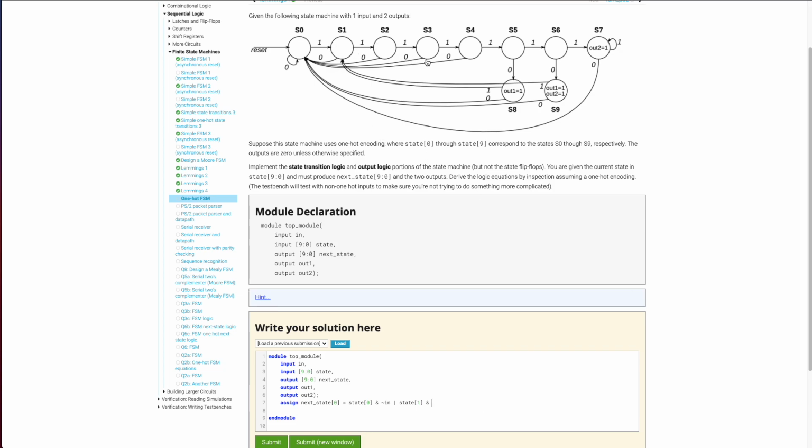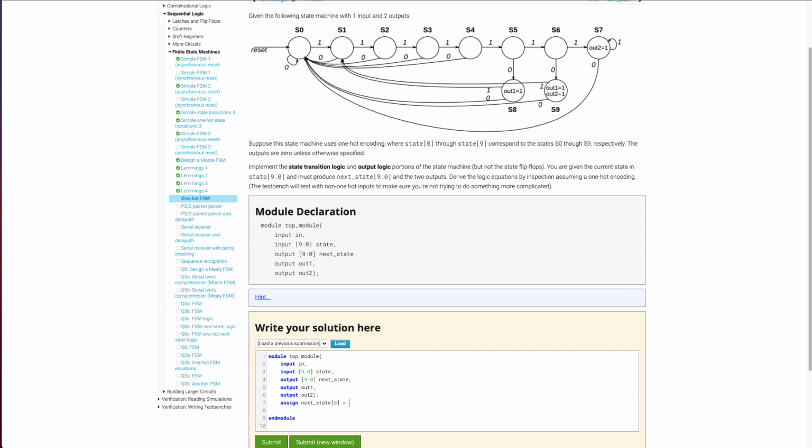So 1, 2, 3, 4, 5, 6, 7, 8, and 9. No, 0, 1, 2, 3, 4, 7, 8, 9 has zeros going to S0, and that's all the things that go to 0.